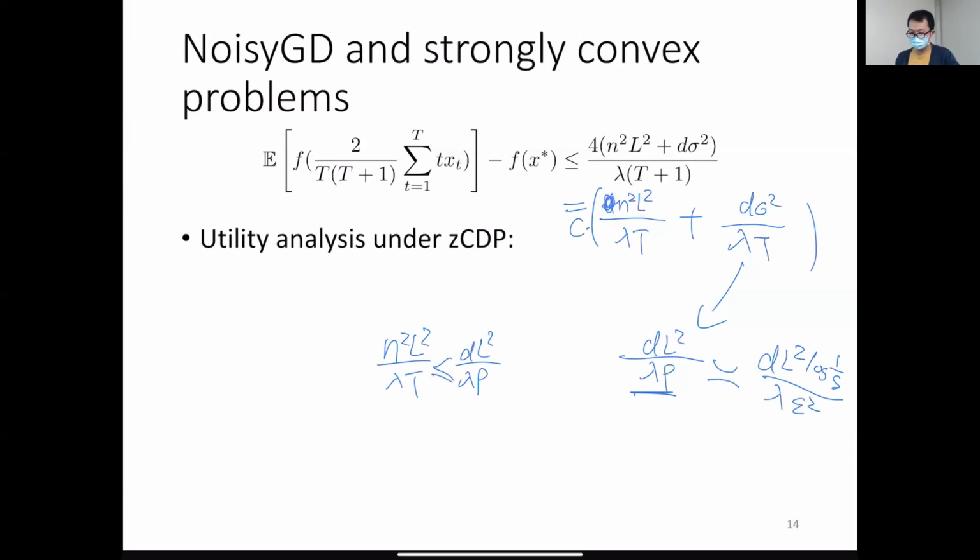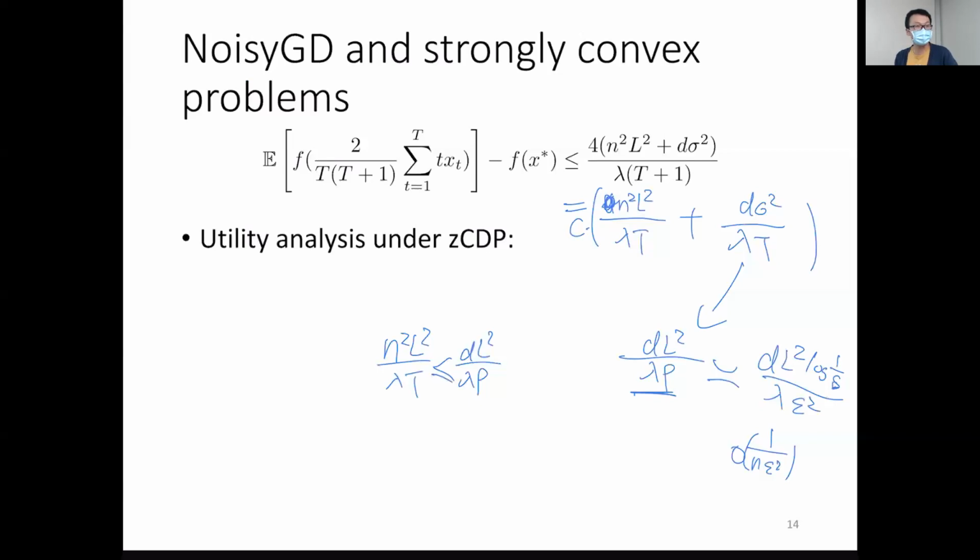So we get some improvement. Notice that lambda is sometimes proportional to n. So this is really like the 1 over n epsilon squared type of rate, right? That goes to 0 even faster than this 1 over epsilon.